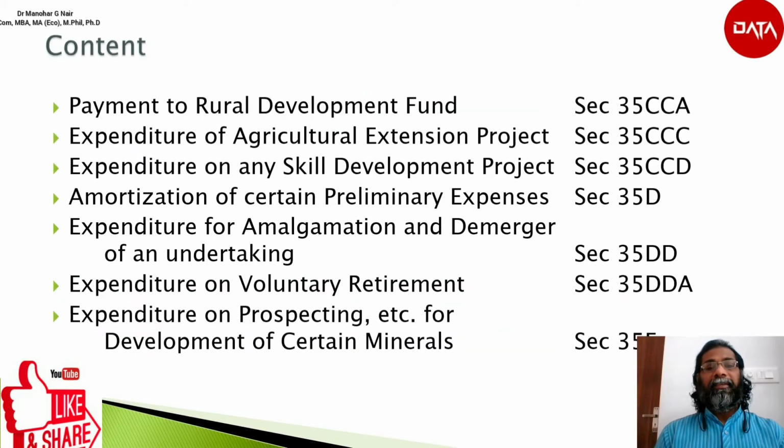Section 35CCA deals with payment to Rural Development Fund. Section 35CCC deals with expenditure on Agricultural Extension Project. Section 35CCD deals with expenditure on any skill development project, and section 35D deals with amortization of certain preliminary expenses, and section 35DD deals with the expenditure for amalgamation and demerger of an undertaking.